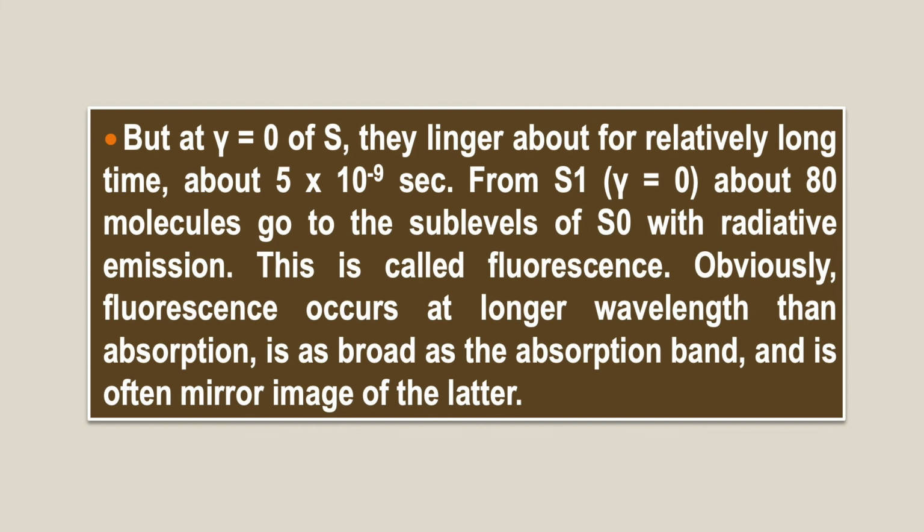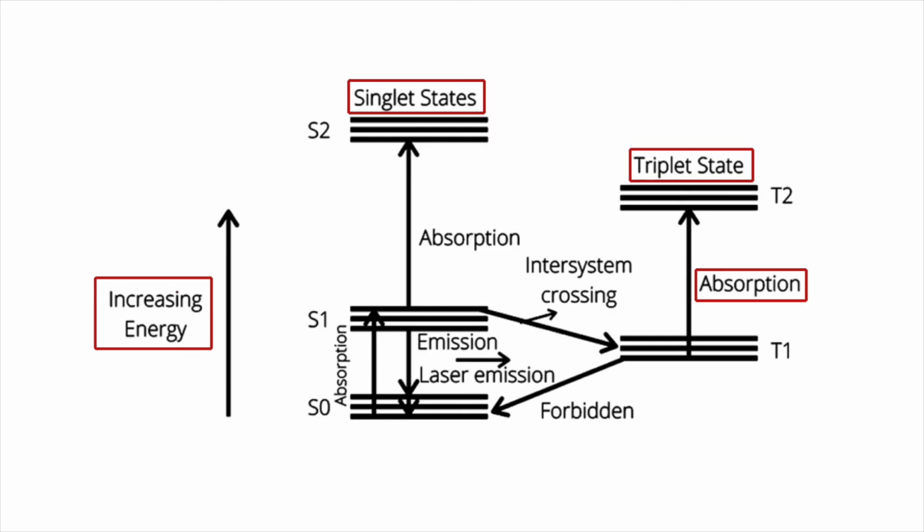Then what could happen is, if we imagine that S0 is a ground state level and S1 is a pump level, then the lowest vibration level of S1 is the upper laser level, and the upper vibration level of S0 is a lower laser level. You have a 4 level energy state, 4 distinct energy levels.